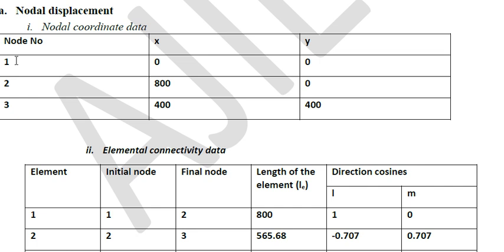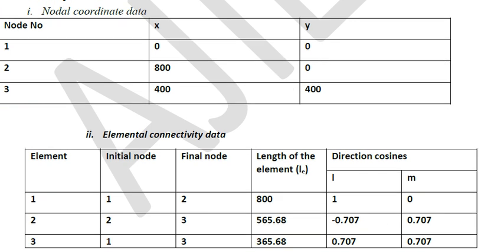So here, node 1 has the coordinate 0, 0 as the origin. Node 2 has the coordinate 800, 0. Node 3 has the coordinate 400, 400. And as I told, there are 3 elements only. So I can take 1, 2, 2, 3 and 1, 3.